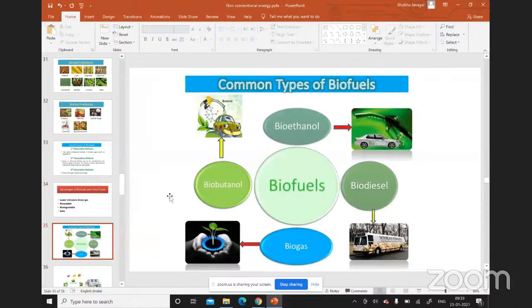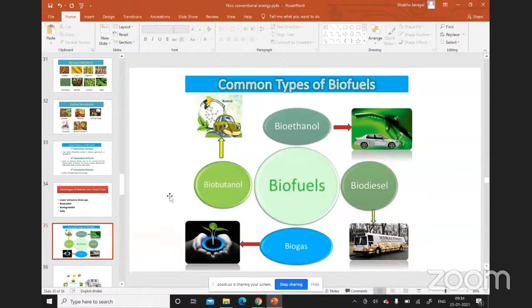And what are the common types of biofuels that we see? We have bioethanol, biodiesel, biogas, and biobutanol. We all know about biogas already. Most of us would have seen that arrangement in rural areas where they use biogas for cooking purposes.